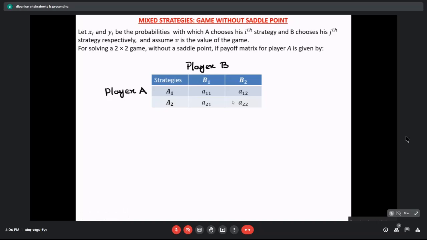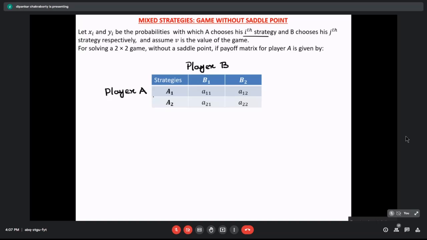So if a game does not have a saddle point, then the game must have mixed strategies. So let us consider a 2x2 game, and in that case we are going to assume that they have mixed strategies. So I am assuming that xi and yi are the probabilities with which A and B choose their ith strategies.